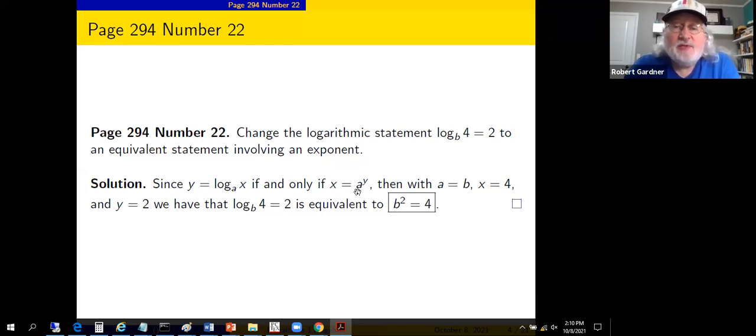Rewriting those symbols as an exponential, we'll have 4 equals b to the 2, or b squared equals 4 in the other direction. So there's how you translate log functions into exponential functions. Maybe for our computational purposes at this stage, that's a more useful thing because we know how to manipulate exponential functions.